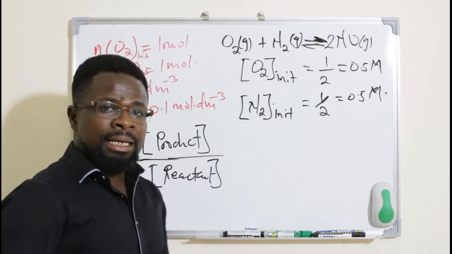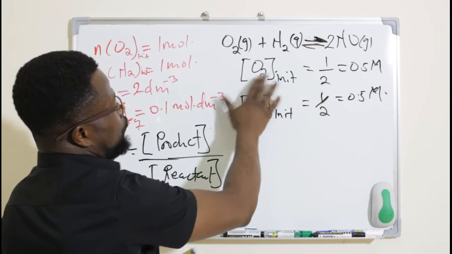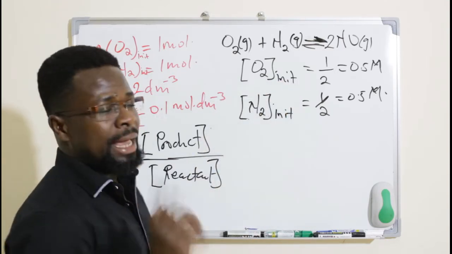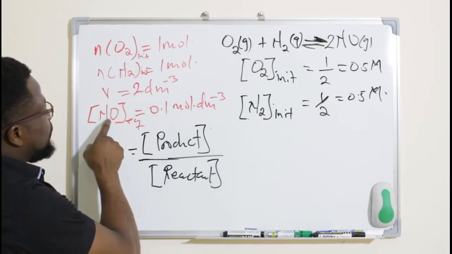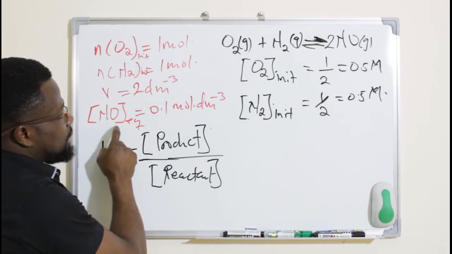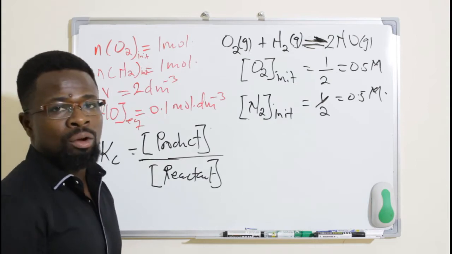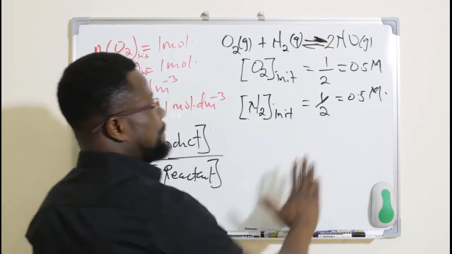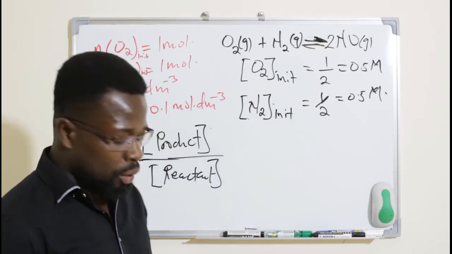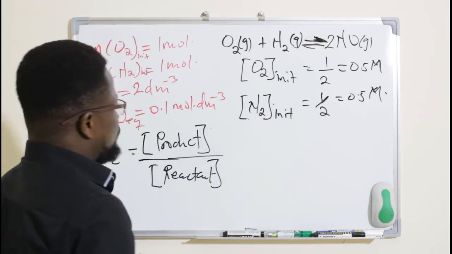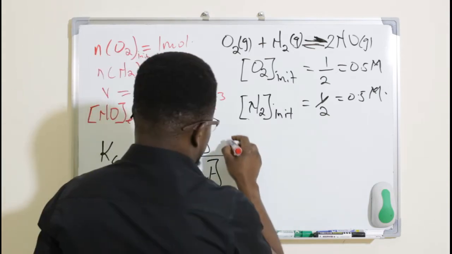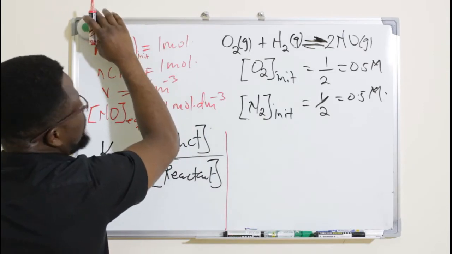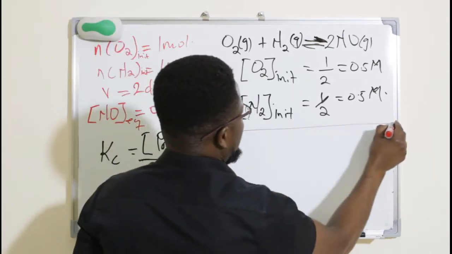Now I have gotten the initial concentration for the oxygen, the initial concentration for the nitrogen, and I also know the equilibrium concentration of the NO gas. Now I need to apply an ICE table to solve the problem. To apply the ICE table, I'm trying as much as possible to manage the board. So let me use my ICE table from here.